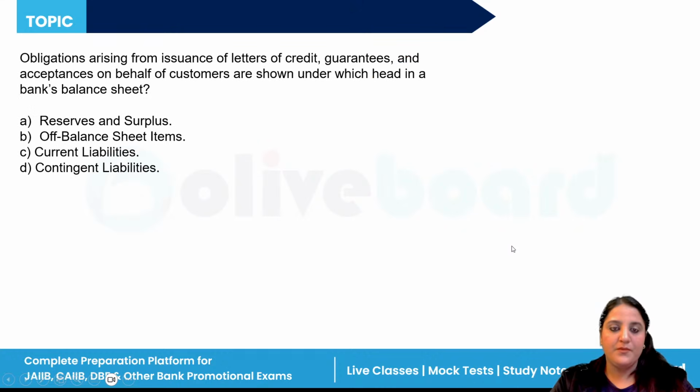Next question. Obligations arising from issuance of letters of credit, guarantees and acceptances on behalf of customers are shown under which head in a bank's balance sheet?